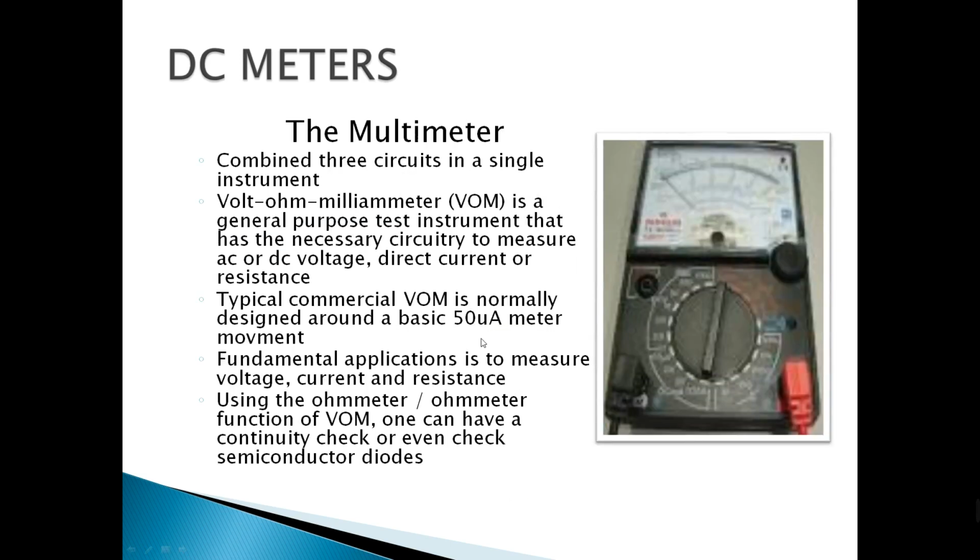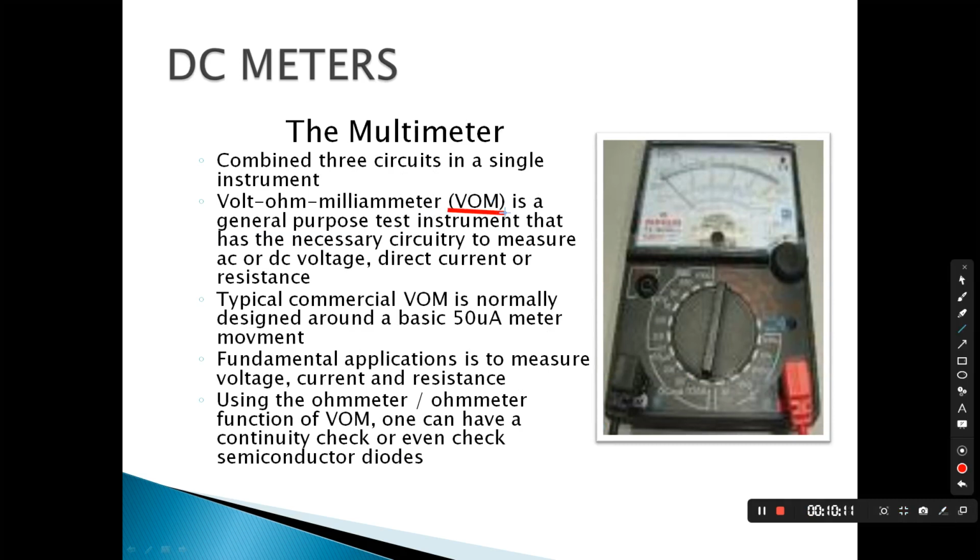Then we have the multimeter. It is the combination of three circuits in a single instrument. We have the VOM, or the volt, ohm, milliammeter. It's a general purpose test instrument that has the necessary circuitry to measure AC or DC voltage, direct current, or resistance. Typically, it has a 50 microampere meter movement.